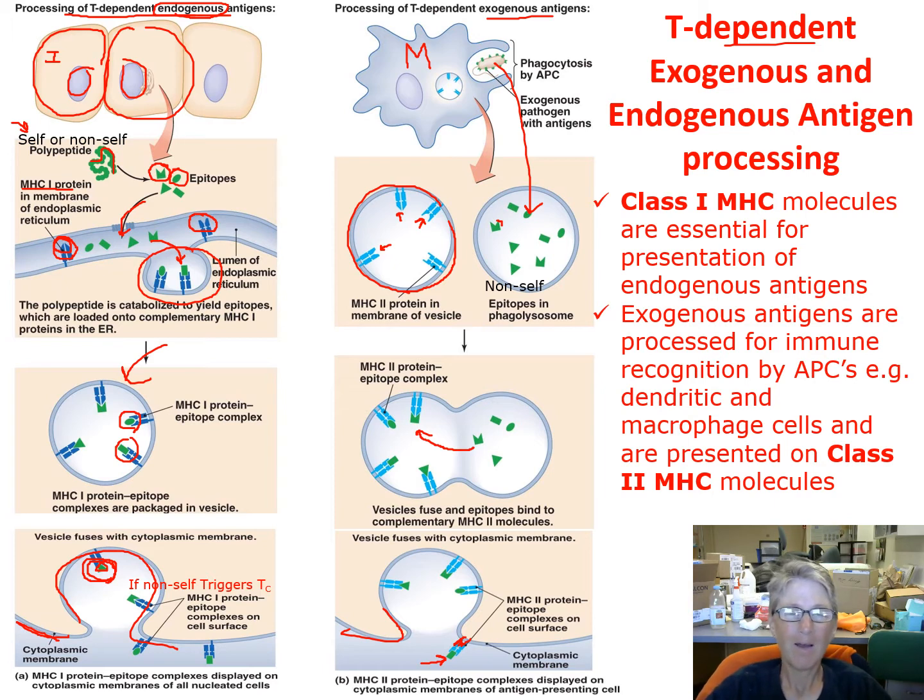It's kind of weird, because both of these bacteria go into a cell, but endogenous antigen means it came in and infected the cell. Exogenous antigen means the bacteria was engulfed by the macrophage. This thing didn't infect the macrophage, it was actively engulfed by the macrophage.